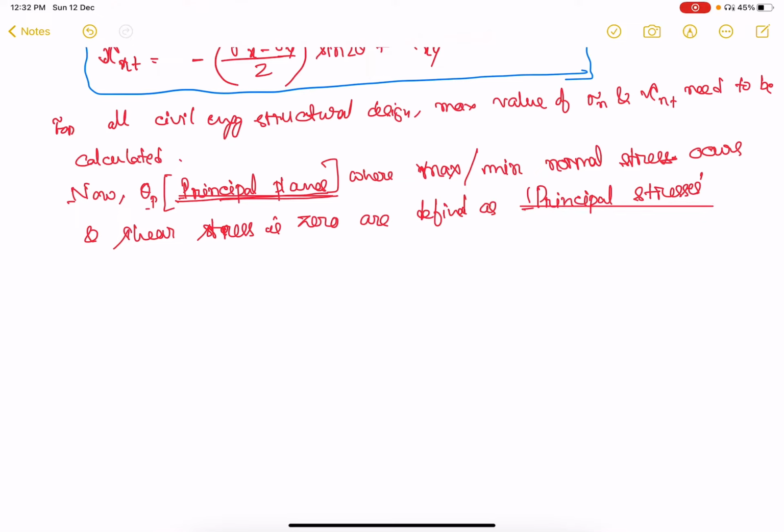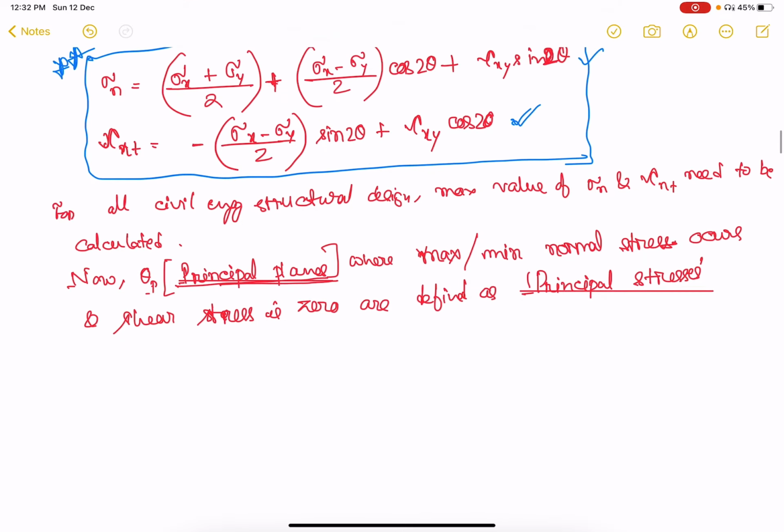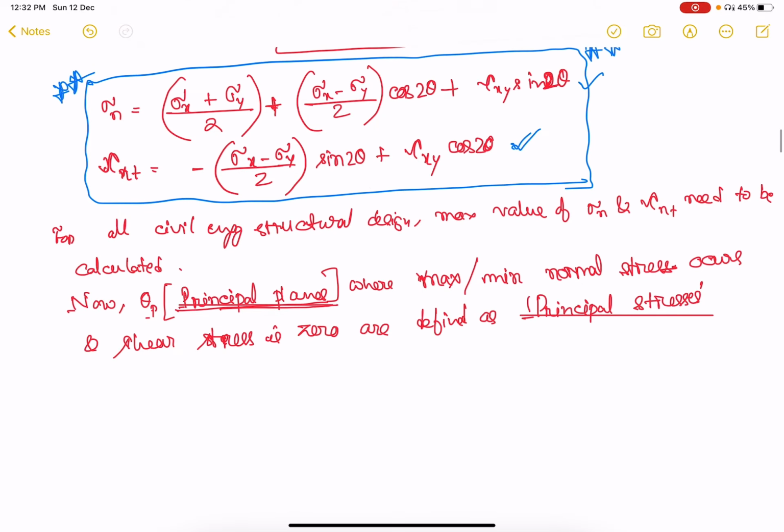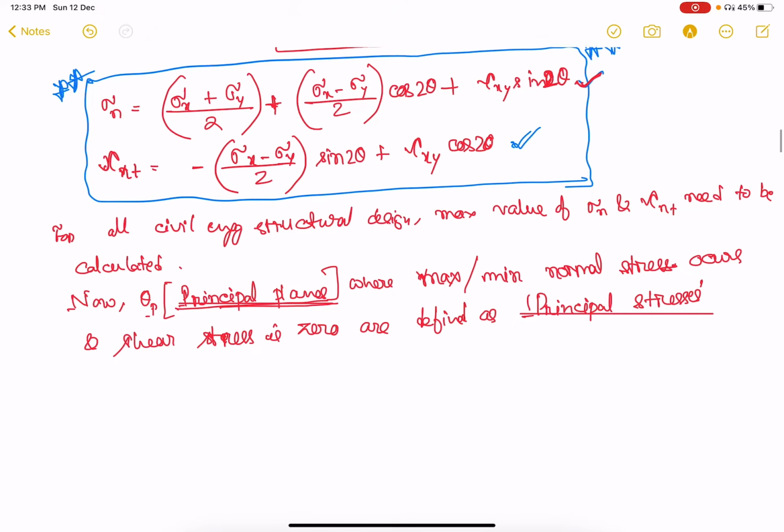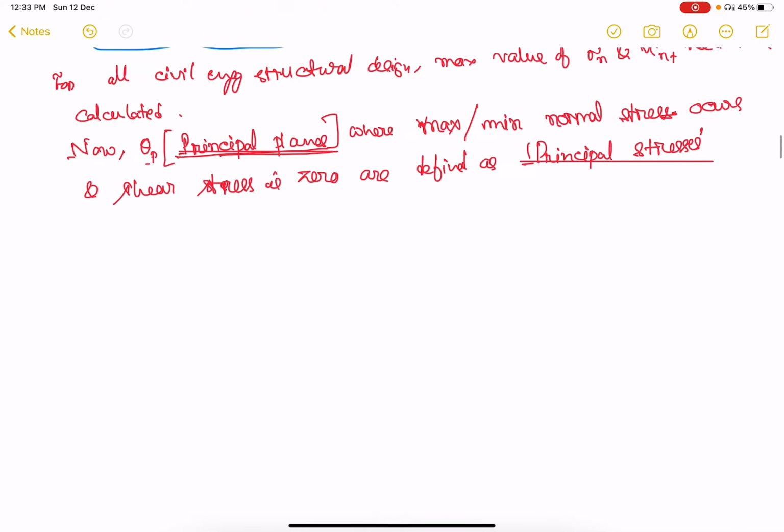Now, to find the maximum principal stresses, what we do in calculus, we have to differentiate this with respect to theta and set it equal to 0.